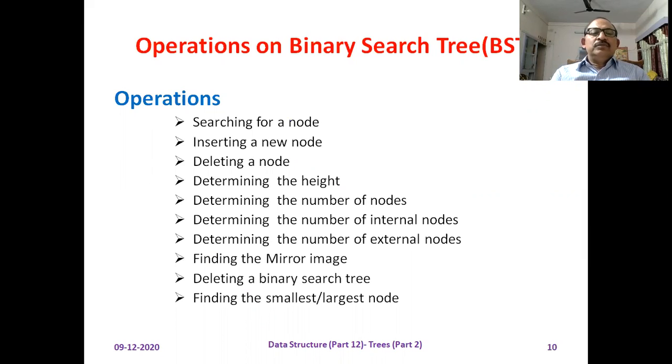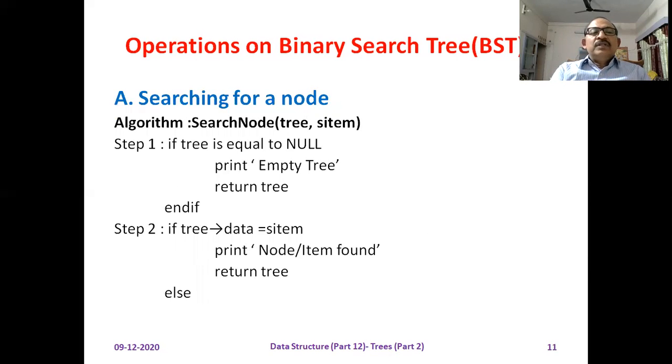Searching for a node, inserting a new node in a binary search tree, deleting a node, determining the height of a binary search tree, determining the number of nodes in a binary search tree, determining the number of internal nodes, number of external nodes, finding the mirror image, deleting a binary search tree, and finding the smallest and largest node in a binary search tree. We start with the first, searching for a node.